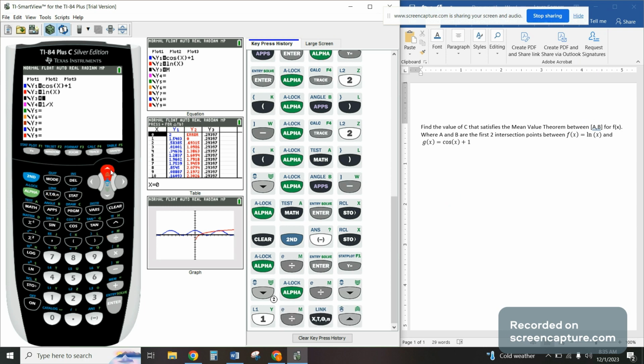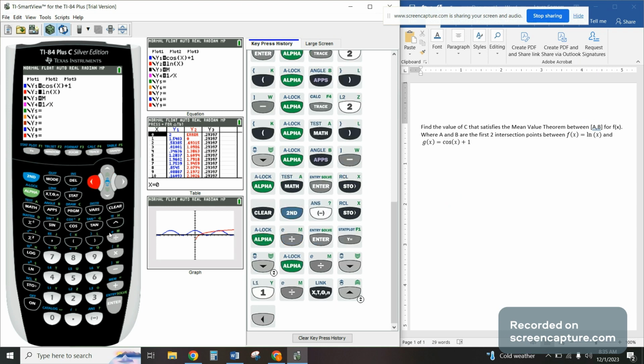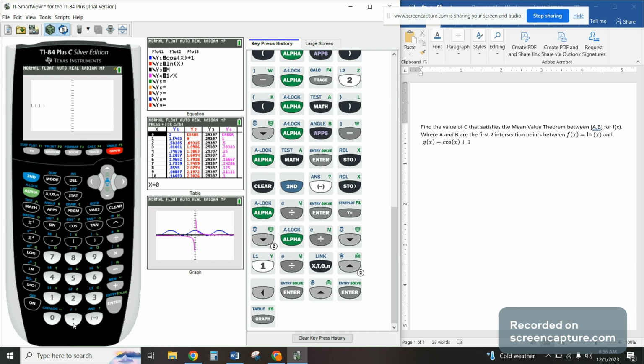And then I no longer need these equations, so I'm going to come up and turn them off. So I'm finding where f prime equals my f of b minus f of a over b minus a. So we're looking for that one right there.